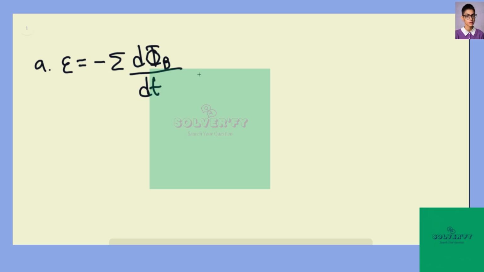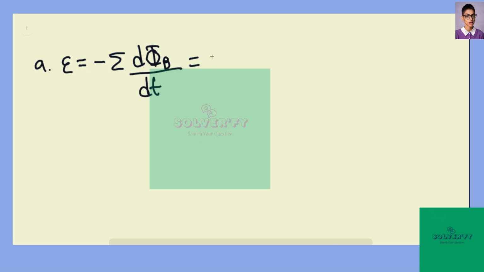So we can then say that the induced EMF, according to Faraday's law, would be equal to negative 1 times the sum of the change in the magnetic flux with respect to time.